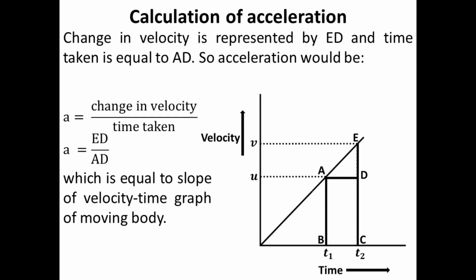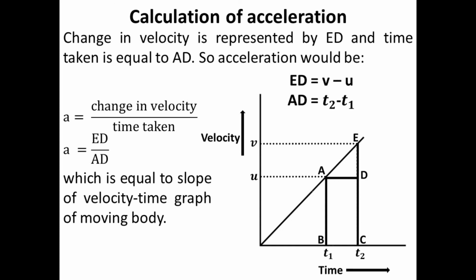Change in velocity is represented by ED and time taken, that is t2 minus t1, is represented by AD. As we know that acceleration is rate of change of velocity, that is change in velocity divided by time taken.